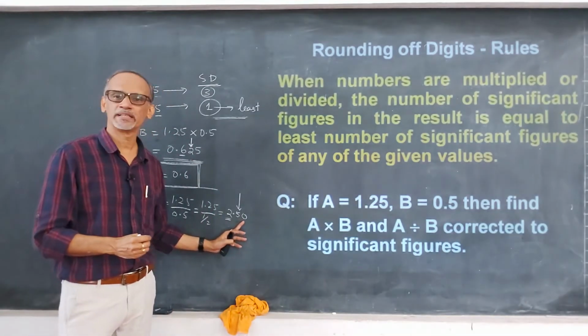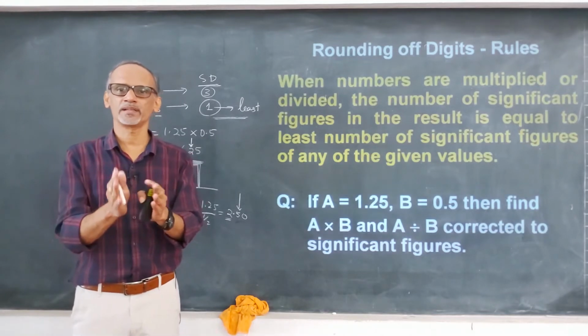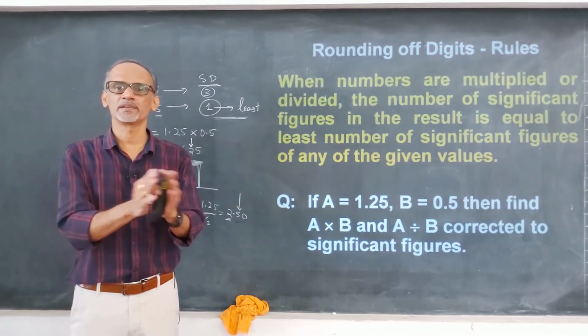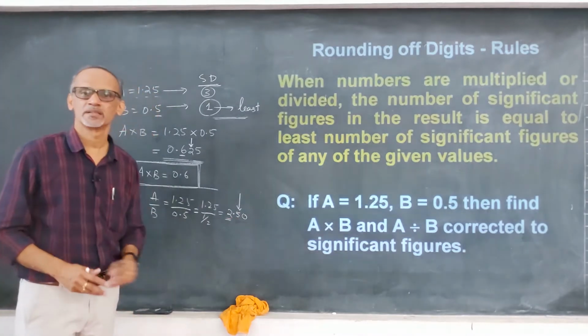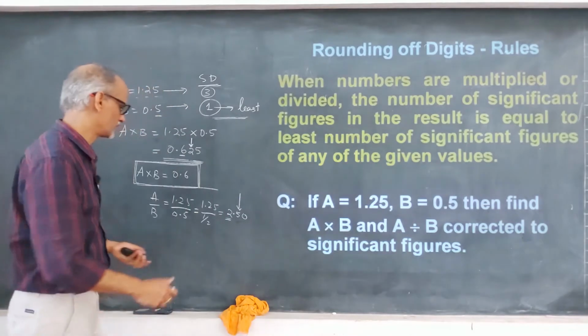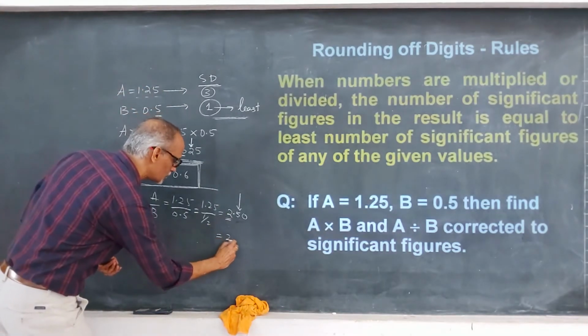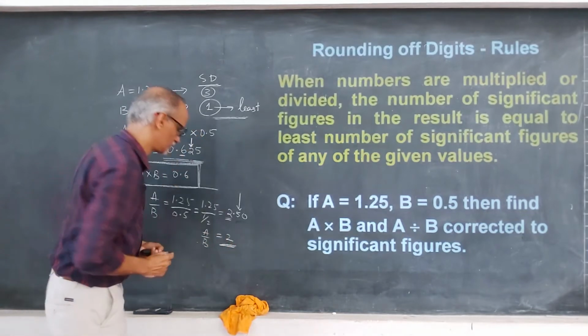And when it's followed by 0, again there are two cases. We need to check whether the previous digit is even or odd. And we find that the previous digit is even. And when it is even, retain the digit as it is. So therefore the answer is only 2. So therefore A divided by B is equal to 2.